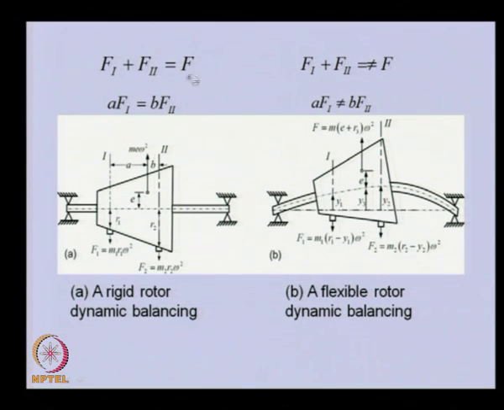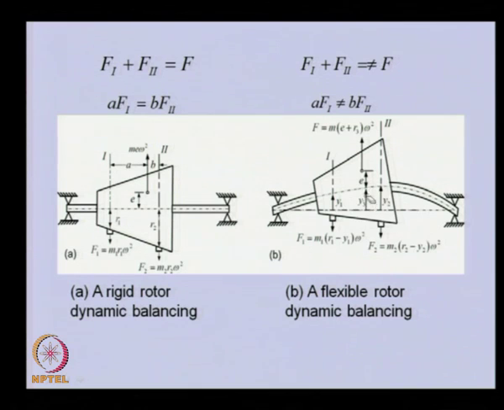This we discussed in the previous cases, but when the same rotor has a flexible shaft or is near the critical speed, it will bend like this, and because of this the effective eccentricity, which was earlier E, will increase because of the deformation.